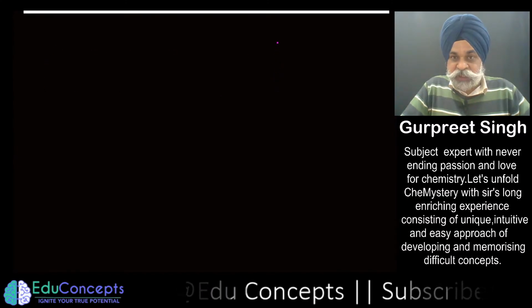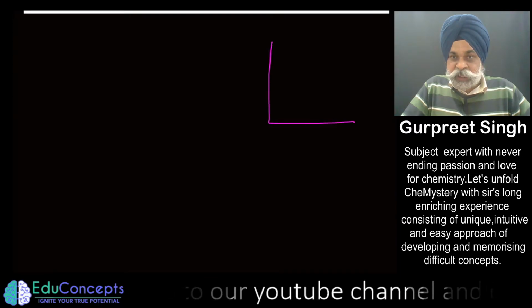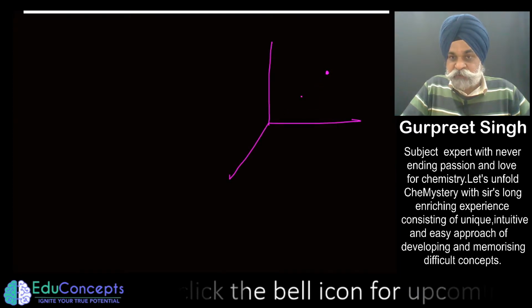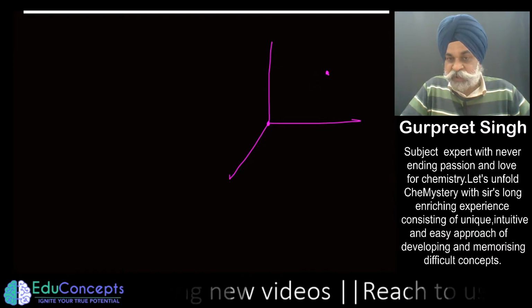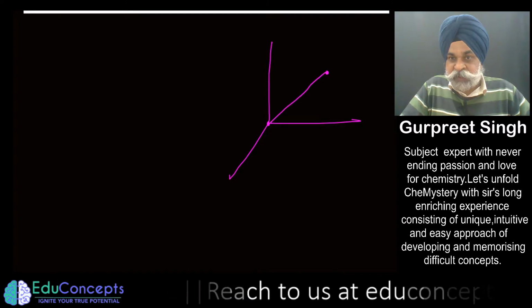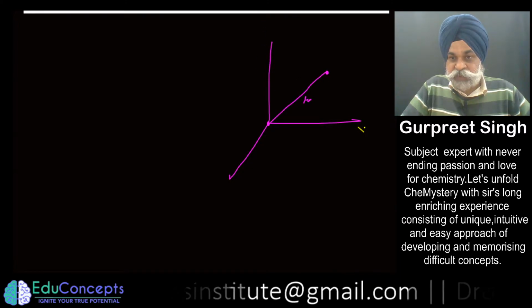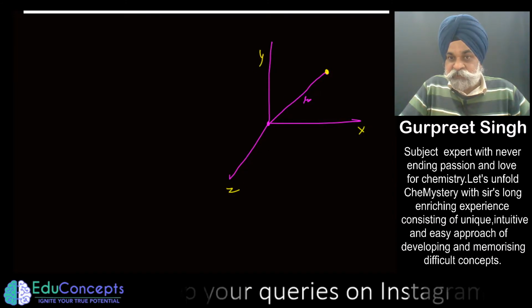In the wave mechanical model of the atom, we actually wanted to locate the position of the electron from the origin. The origin is the nucleus and the electron is at some distance r. I am saying this to be the xyz coordinates, and the electron is at some point here.